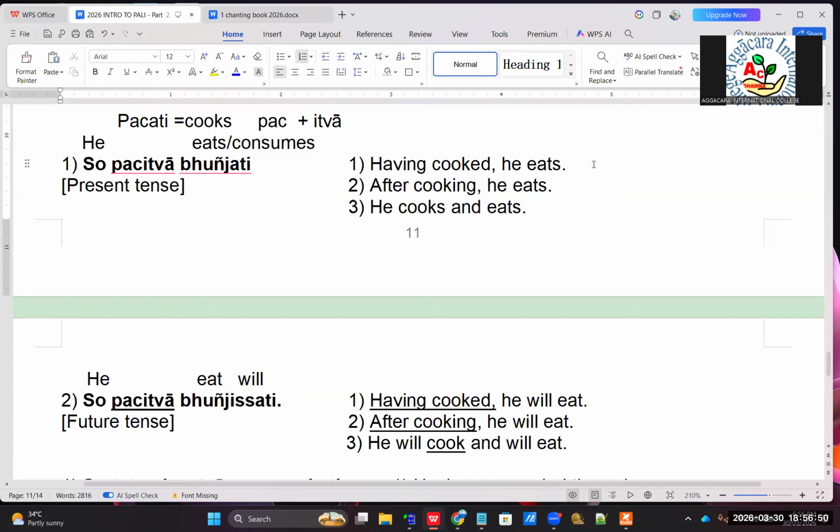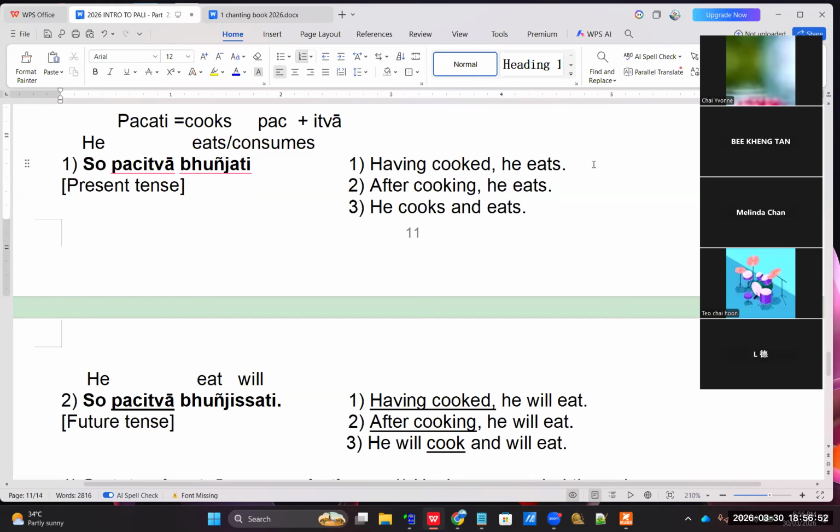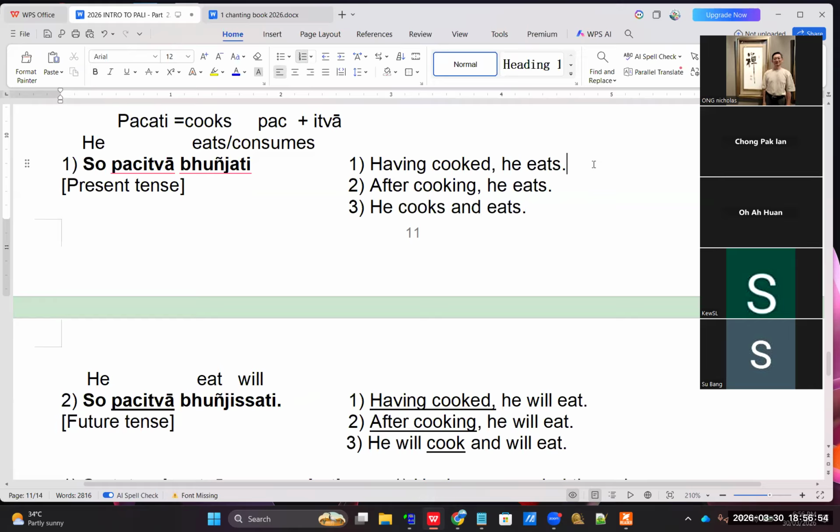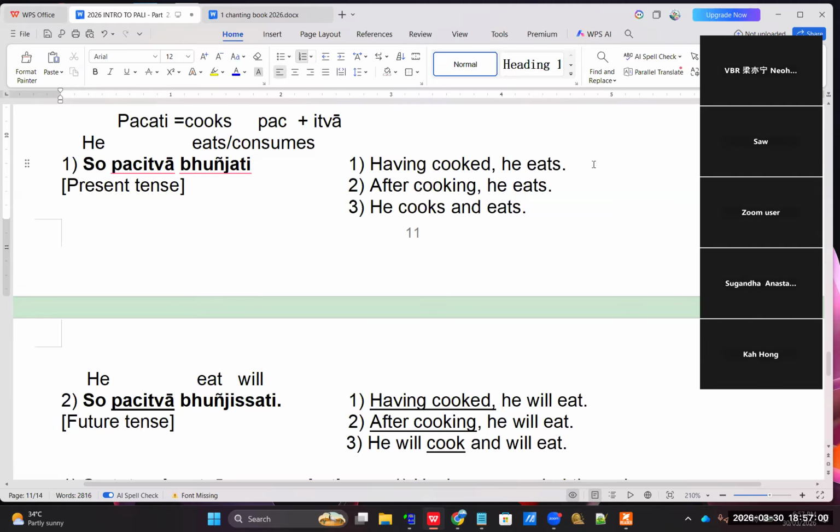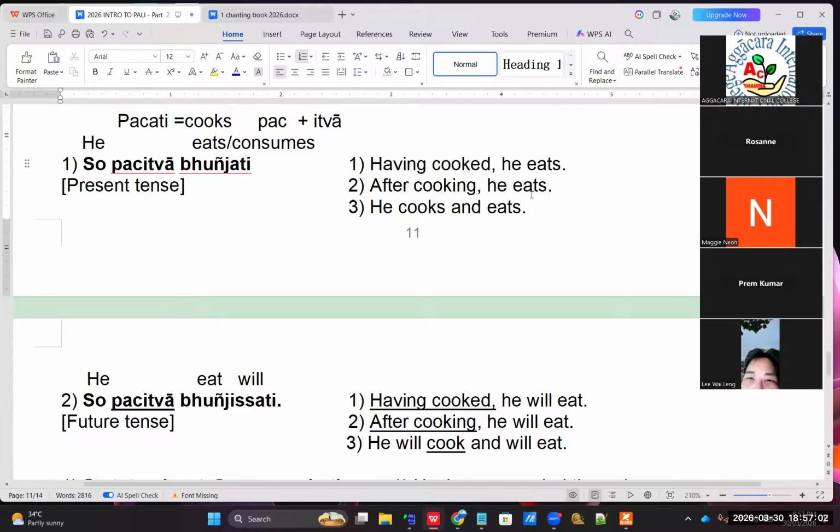Any question up to this part? Any question? Yes, I want to ask, even the first action for pachitua is also considered future tense, am I right? Yes, because this one we call gerund, it does not have past or present or future.